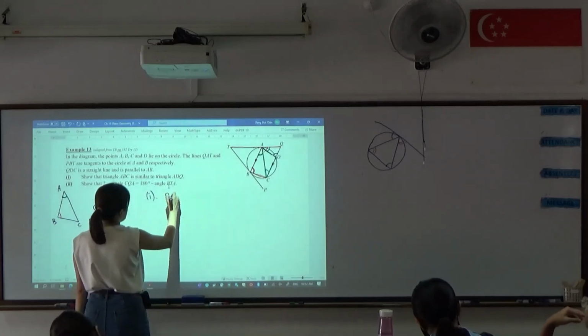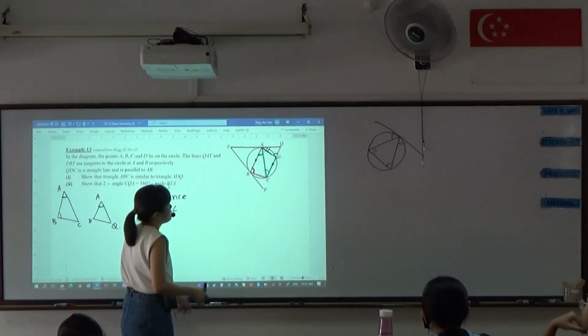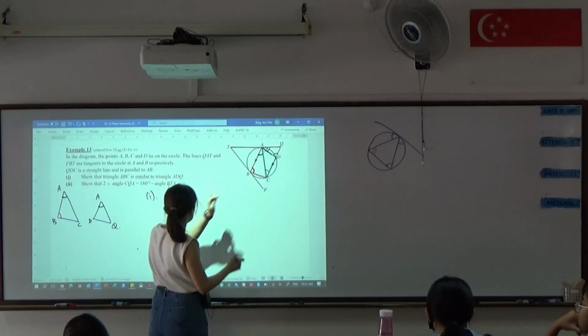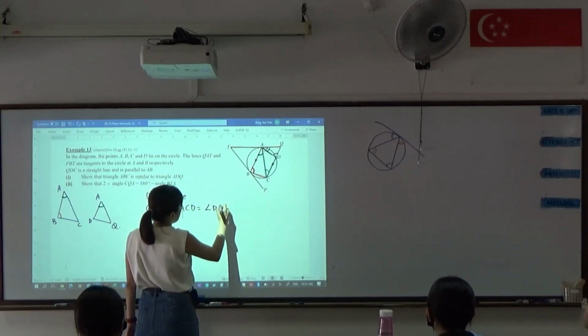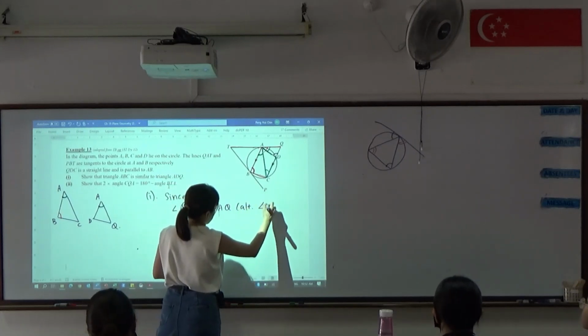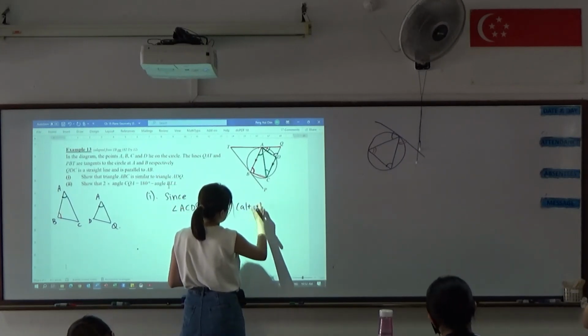So let me write that down. Angle ACD equals to angle DAQ, alternate segment theorem.